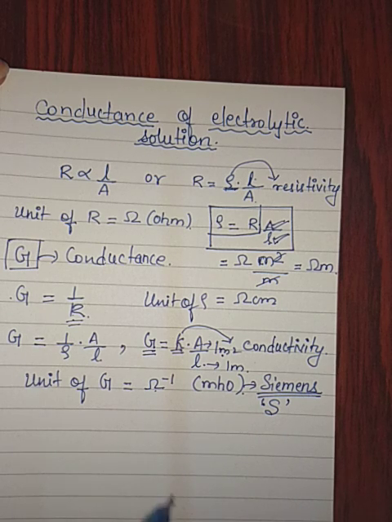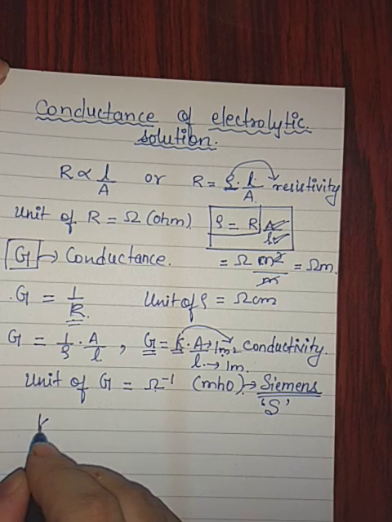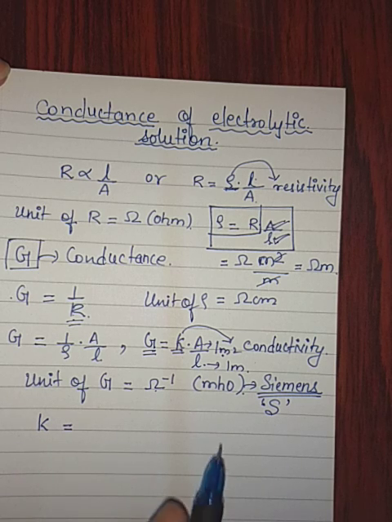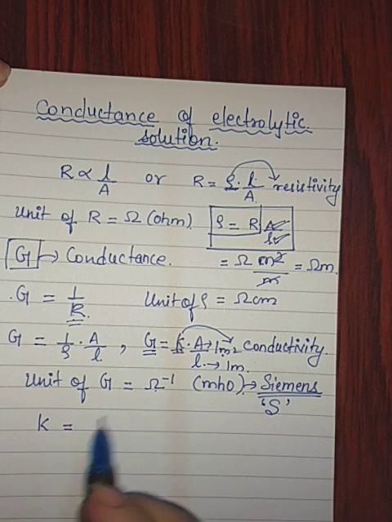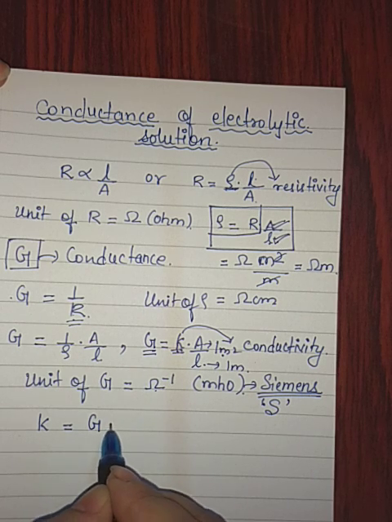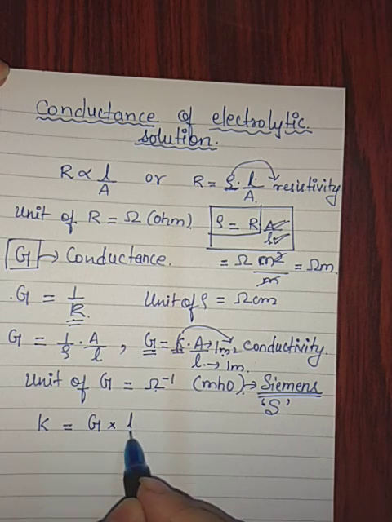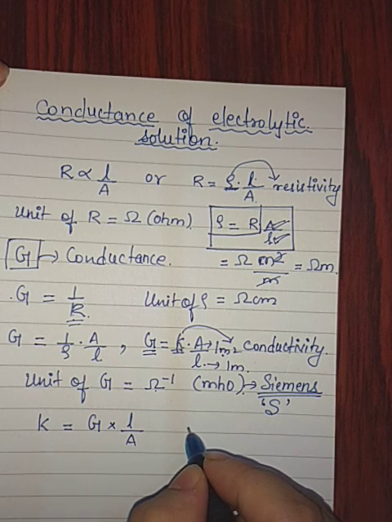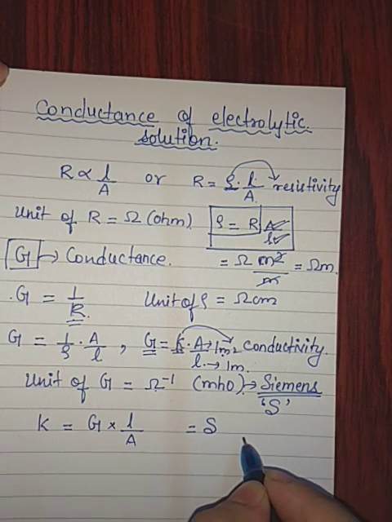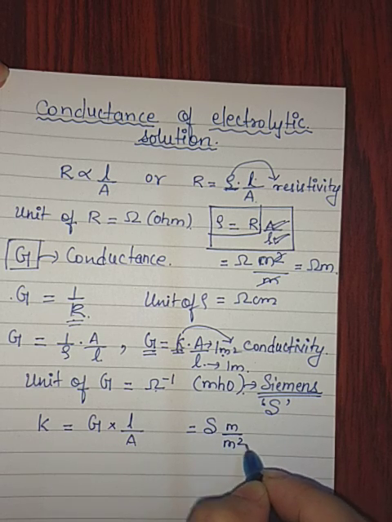Okay, what about unit of conductivity? Kappa. So from this expression, if you write down the expression of conductivity, it becomes equal to G into L upon A. So G is Siemens, L is meter upon meter square. So this gets cancelled.